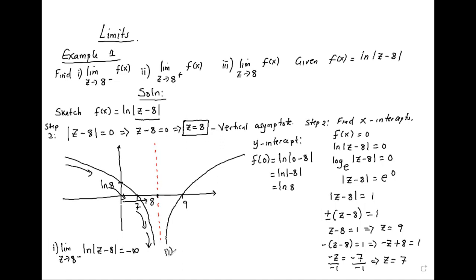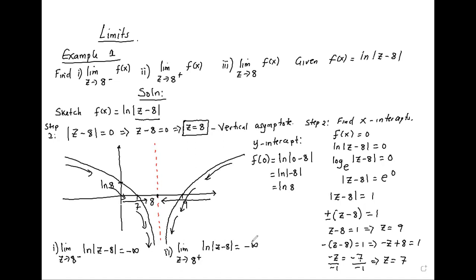Part 2 as well, you check what is happening to the function as z goes to 8 from the right of ln of z minus 8. So again, you realize that as x is going closer to this 8, the function is coming down, down, down to negative infinity.